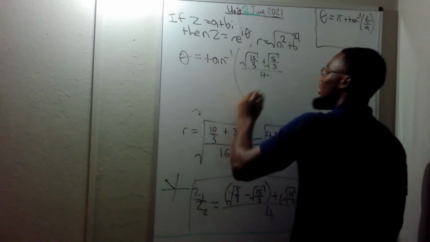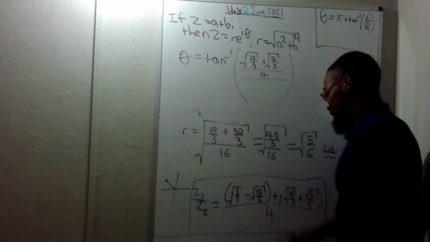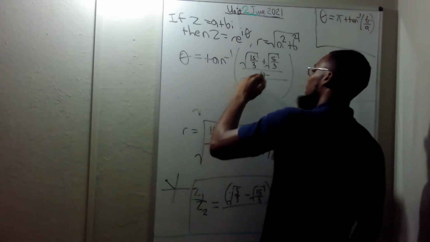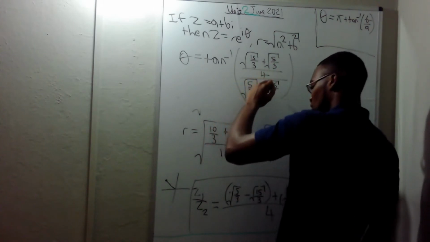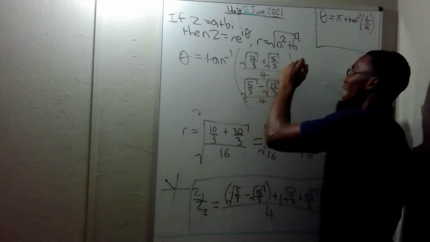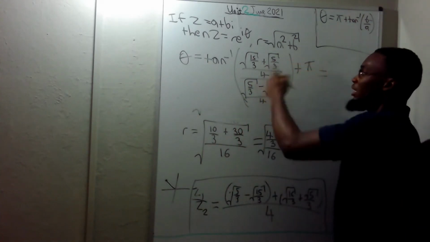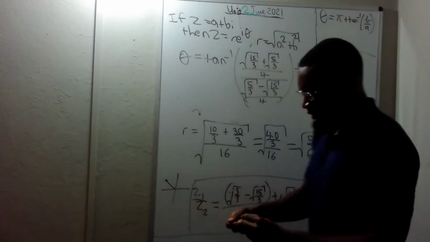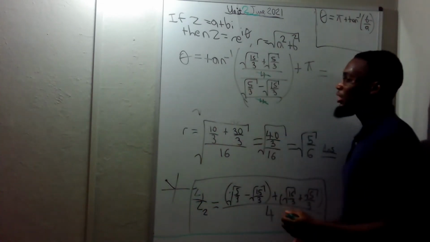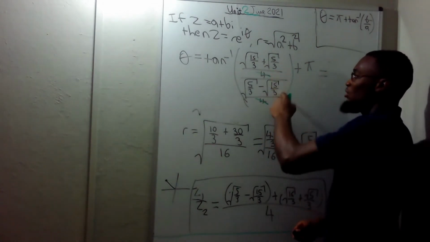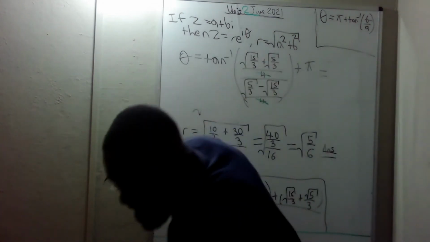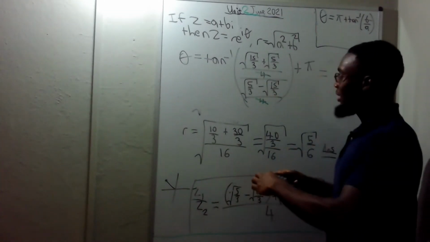All of this is divided by this part here, the square root of 5 over 3 minus the square root of 15 over 3, over 4, plus pi. You can put all of that in a calculator because remember this 4 is going to cancel this 4. So you just put this over this and then put plus pi. So we're going to do that now.